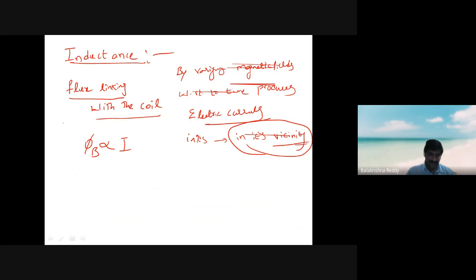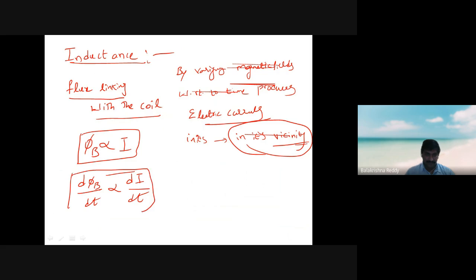I can write that magnetic flux is directly proportional to I. Since, as I said, varying the magnetic field with respect to time is nothing but a change in flux with respect to time, differentiating both sides with respect to time, dΦ by dt is directly proportional to dI by dt.